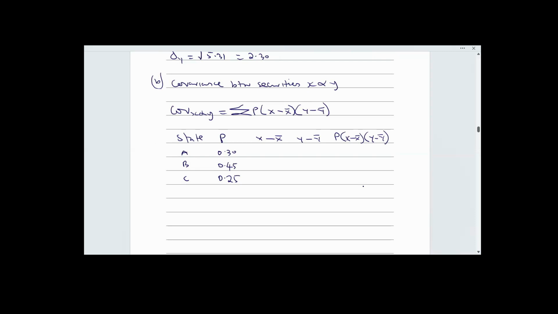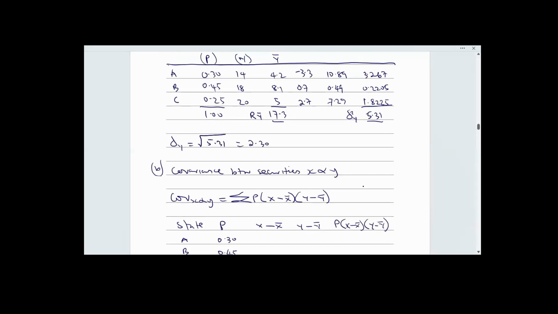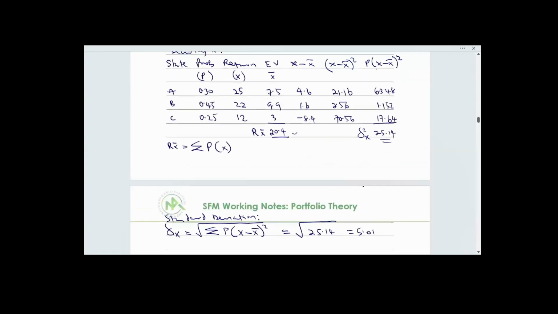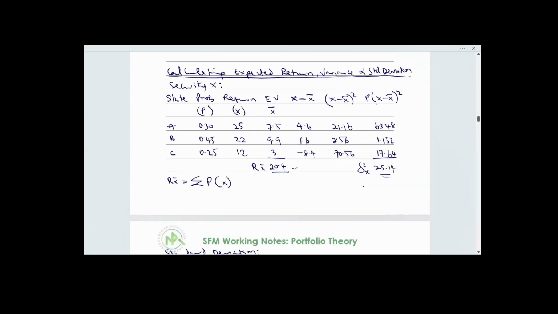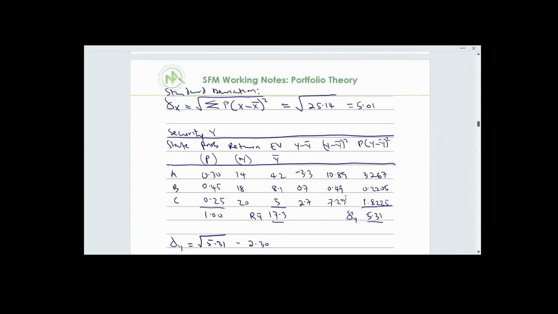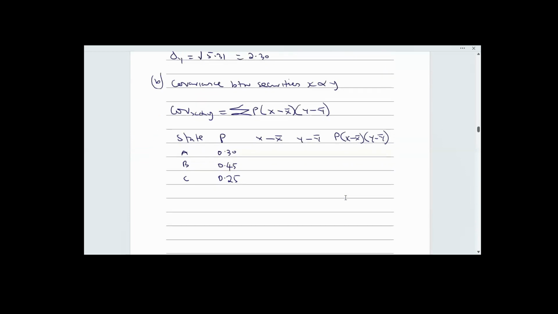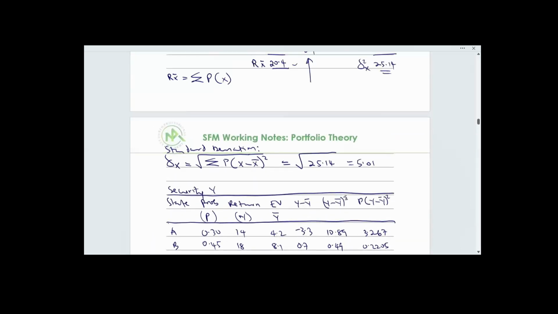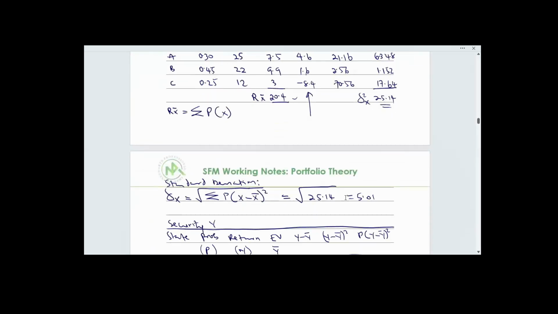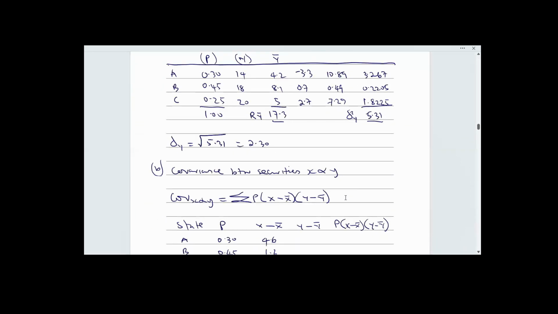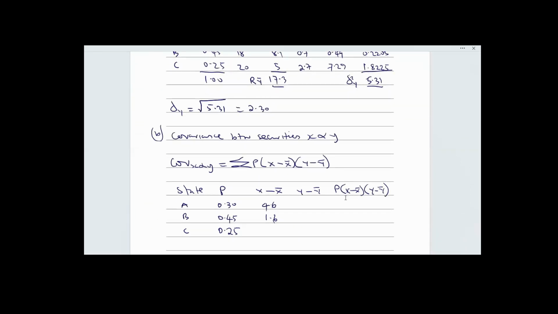Then X minus X bar, we have calculated it before. So when you come here, you will see the X minus X bar values: 4.6, 1.6, and for state C, minus 8.4.